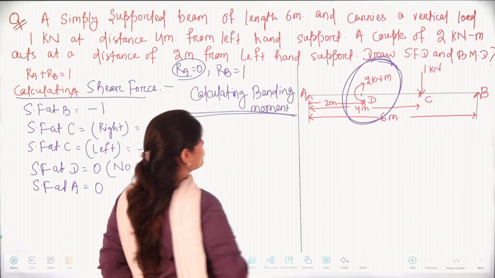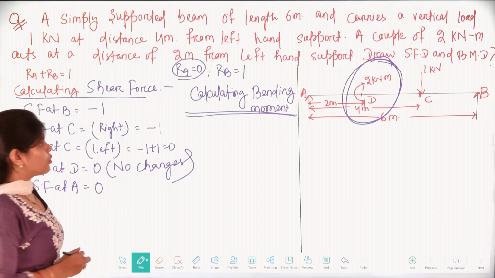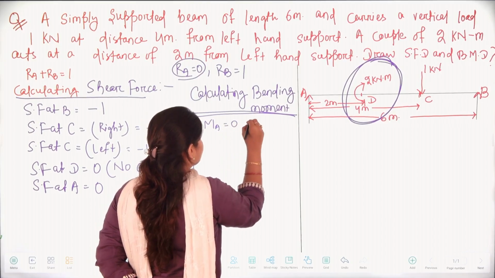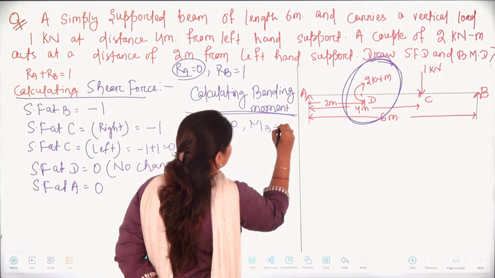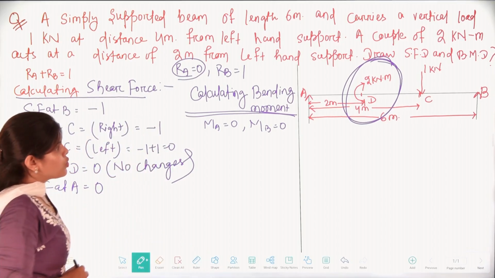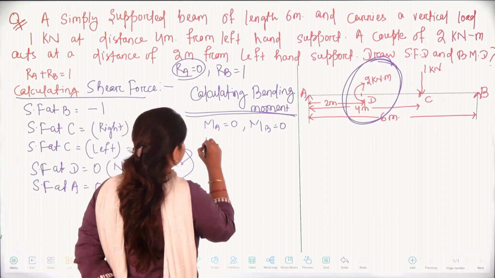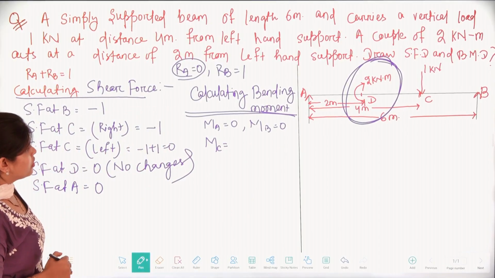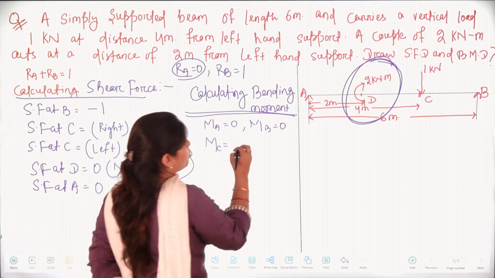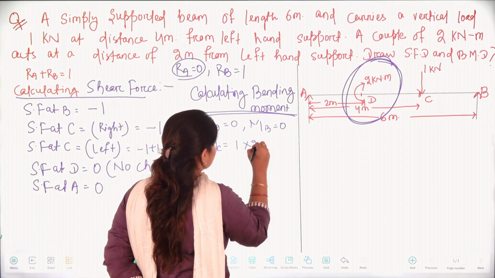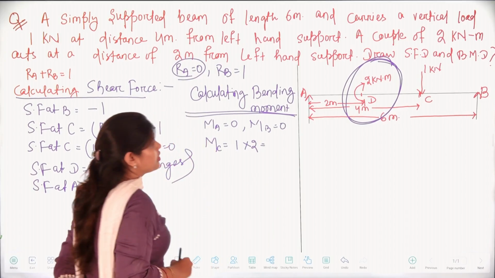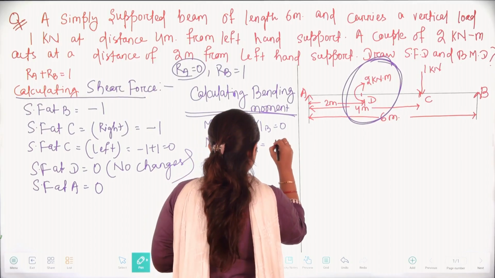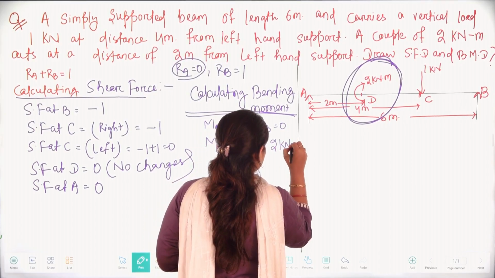So first we can write that from end supports like MA will be 0 and MB will be 0. So MC will be from left of the support. We know that RB equal to 1 into 2, that is your 2 kilonewton into meter.